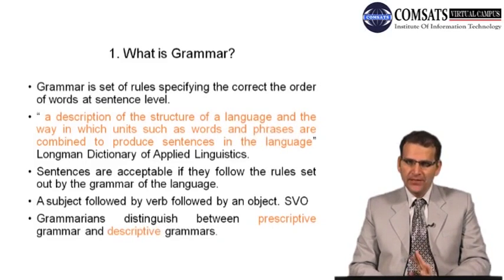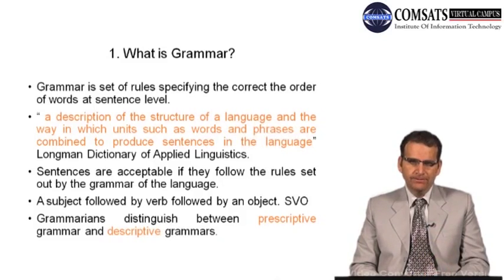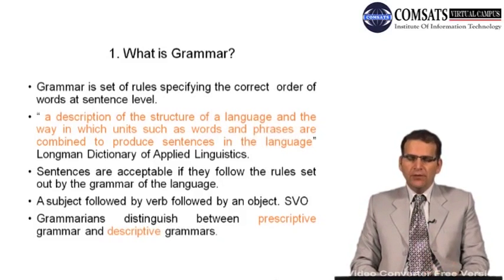So what is grammar? It is a set of rules. Grammar is a set of rules specifying the correct order of words at sentence level. Students, grammar is in fact a set of rules specifying the correct order of words, particularly at sentence level.